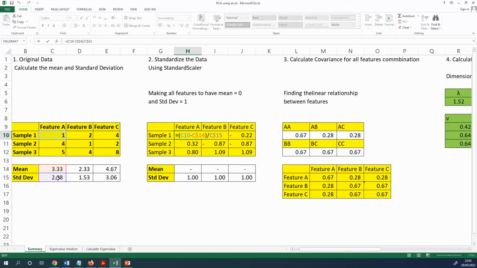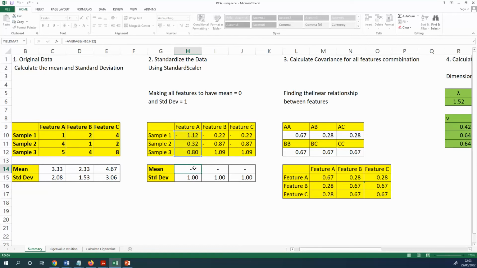So we normalize the data using the z-score. This is the z-score data, and we do it for all data, and in the end the mean becomes 0.